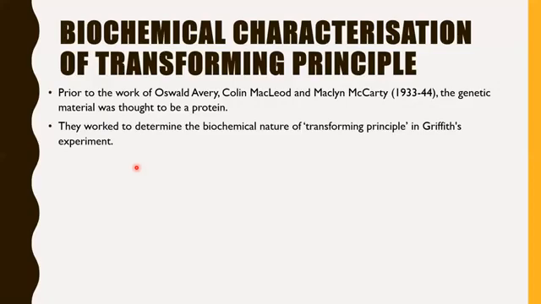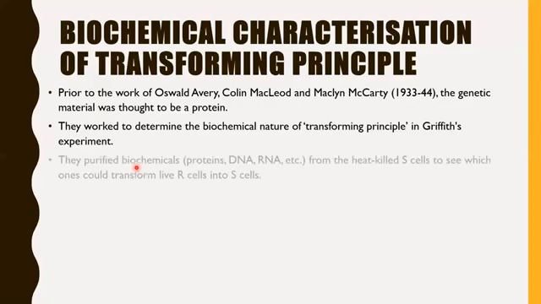So what did they do in their experiment? They purified the biochemicals, that is proteins, DNA, RNA, etc., from the heat-killed S strain cells, to see which ones could transform living R cells into S strain cells.